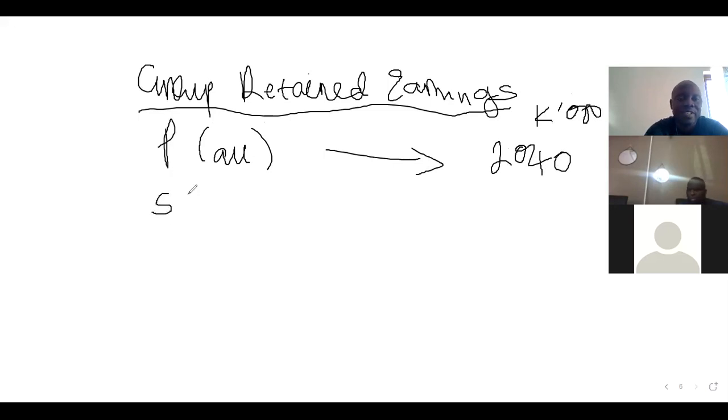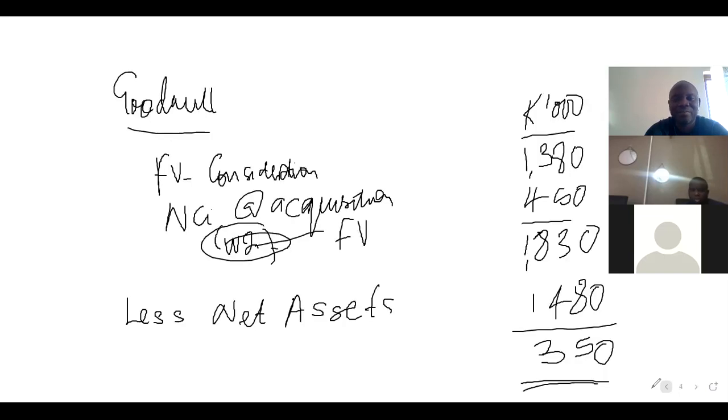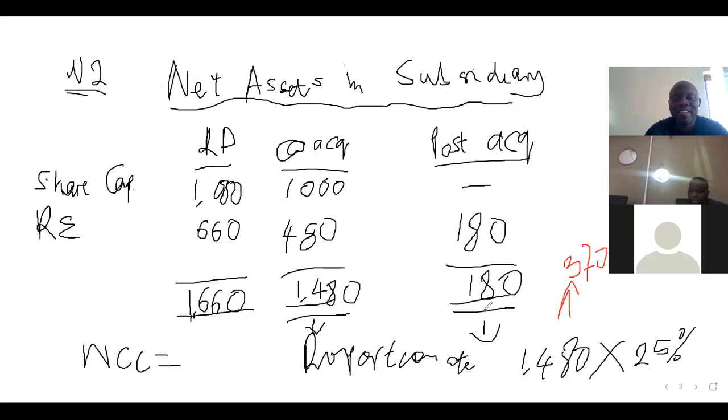Then for the subsidiary, you only pick P's percentage. So you go again to working two. Working two is very, very important. Under working two, it gives you NCI, and it also goes to group retained earnings.